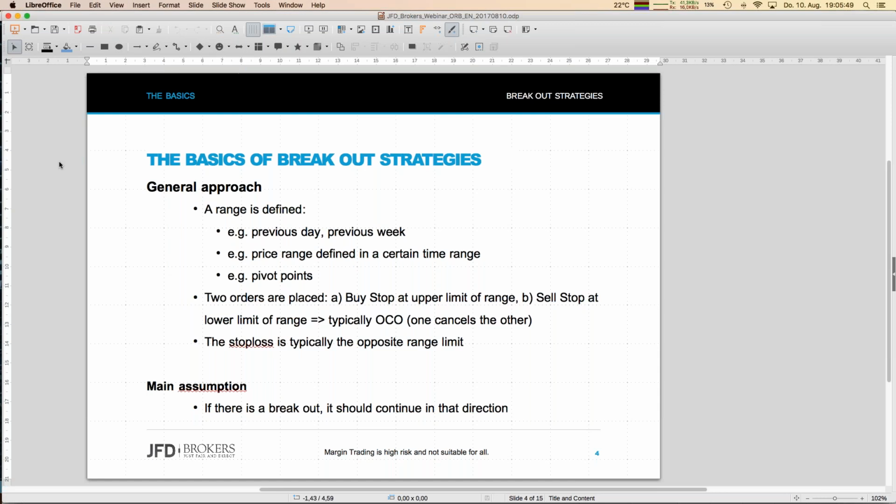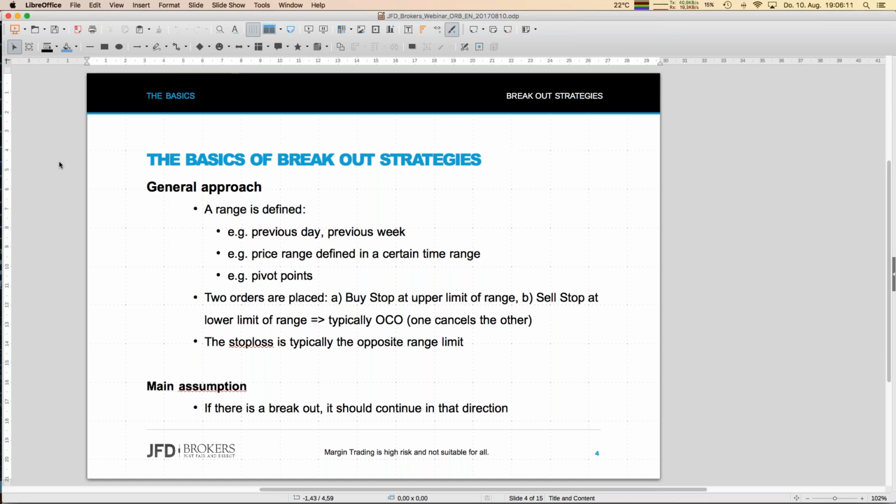So the range is now defined. How is it defined? Maybe we look at the previous day, for whatever underlying, and say, okay, we take yesterday's high as the upper limit and yesterday's low as the lower limit. And then we have that range defined.